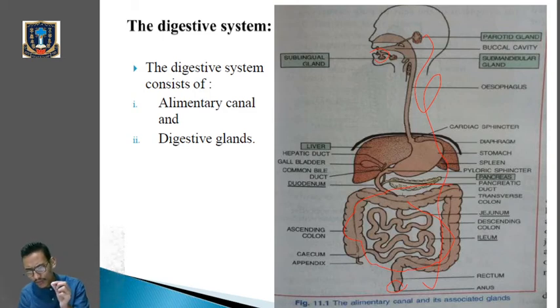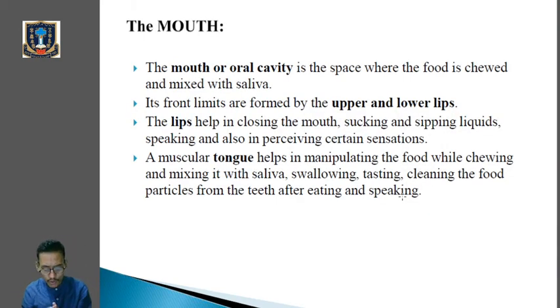Clear? Just for today, we will start with the first organ of the digestive system, and that is the mouth. Clear? We'll go through the mouth. The mouth, or the oral cavity, is where the food is chewed, broken down into smaller bits, and mixed with saliva.